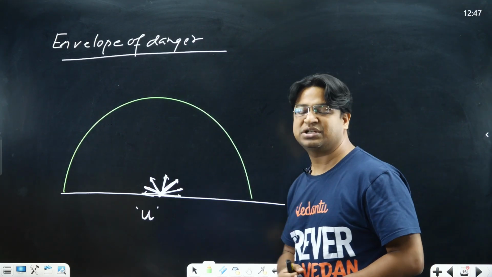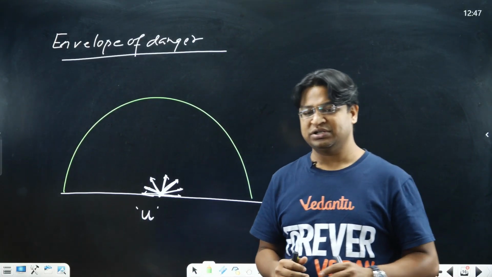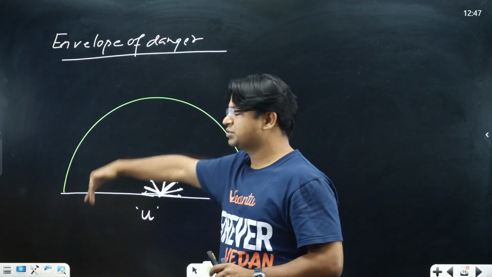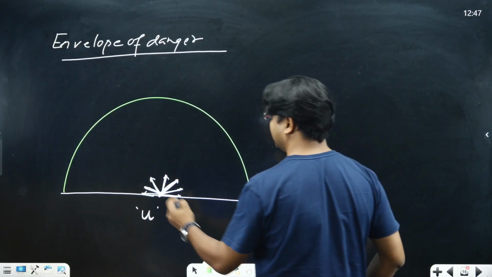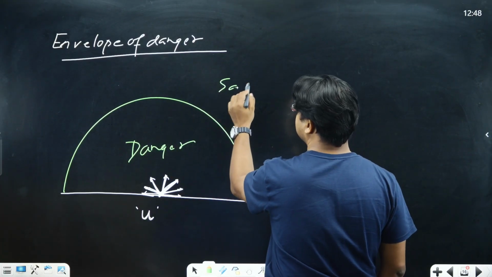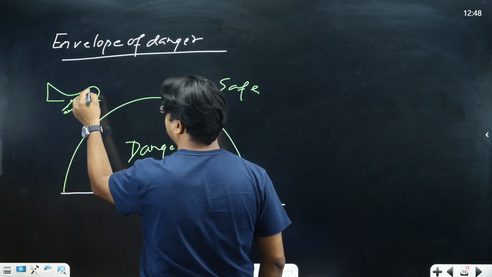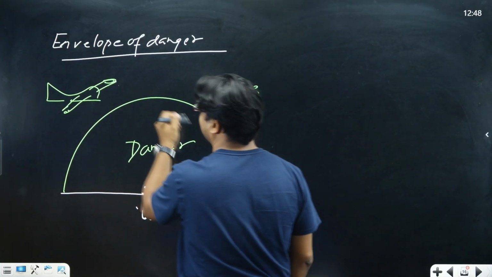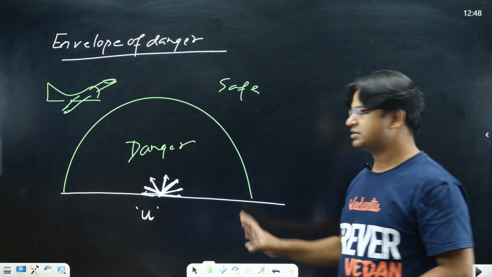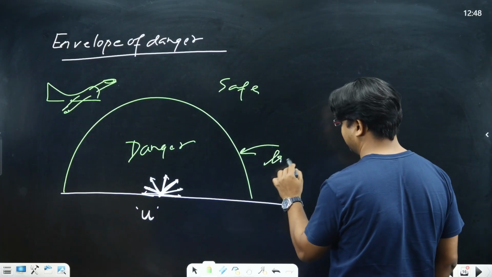I don't know whether it is spherical, ellipsoid, or a paraboloid, but I'm expecting a dome shaped region within which it should be danger for the plane, and outside this the plane should be safe. An enemy plane flying is safe if it is outside this. So I want to figure out the trajectory of this.